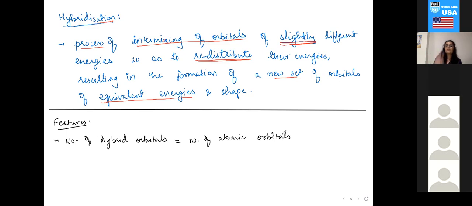If you mix 4 different atomic orbitals, you get 4 hybrid orbitals. However many atomic orbitals you mix, you get that many hybrid orbitals. The second, the hybrid orbitals, I'll call it HO, are all equivalent in energy and shape. So they all have equal energies and symmetrical, the same shape.